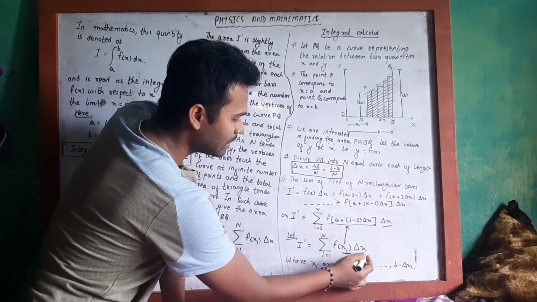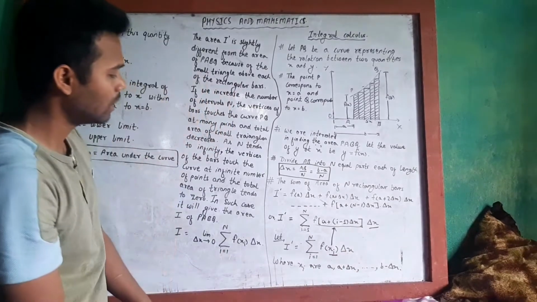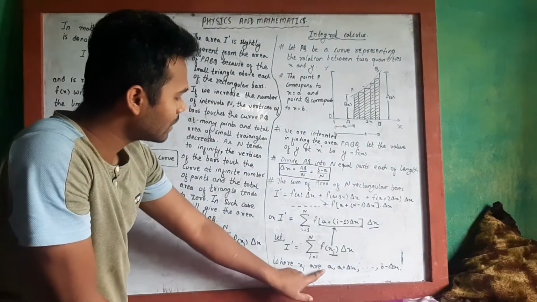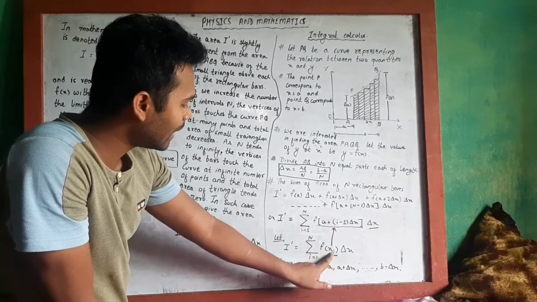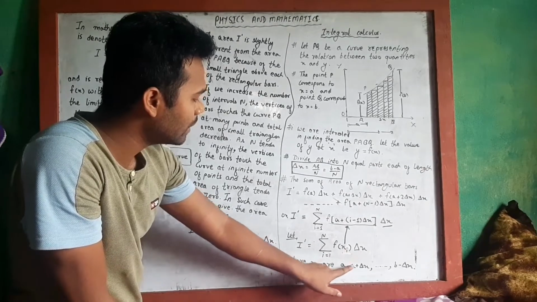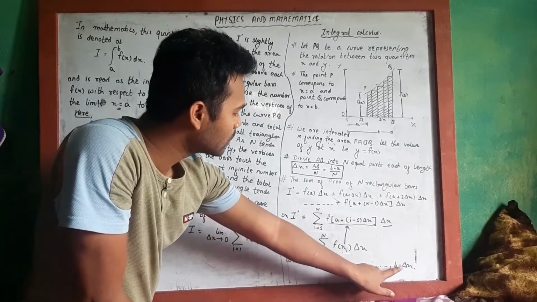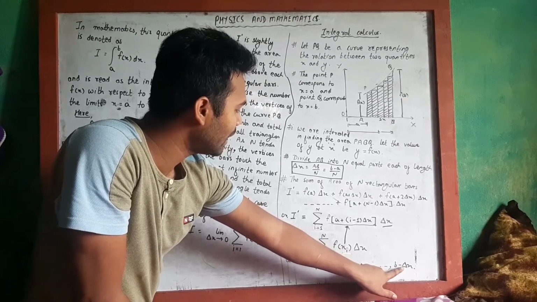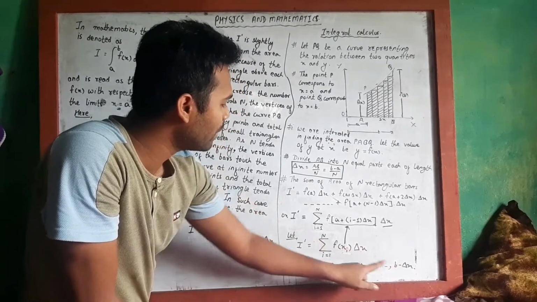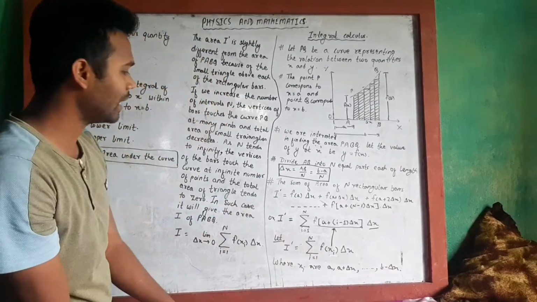This is the height and this is the base. Here the value of x2 will be a plus del x, and if we go on moving, the last value of xi is b minus del x.